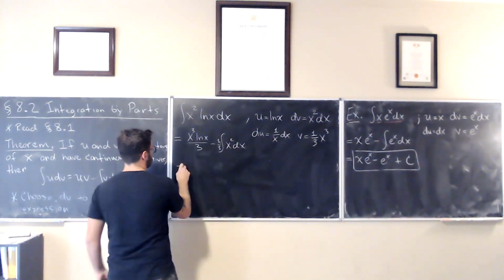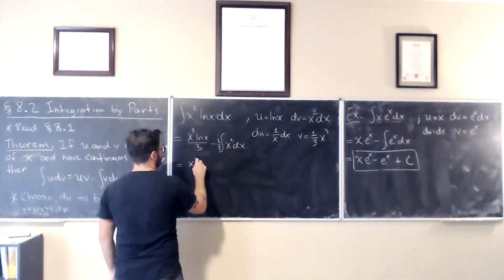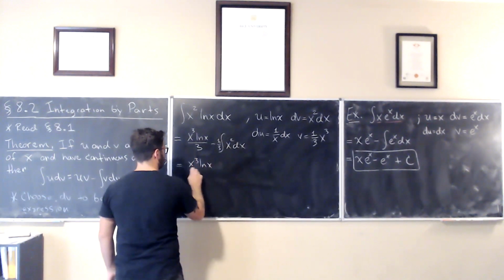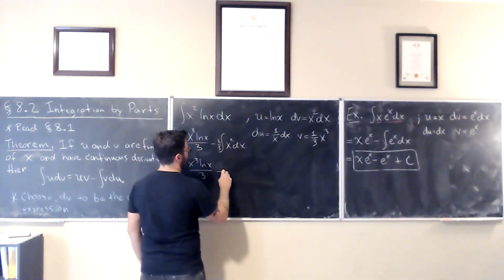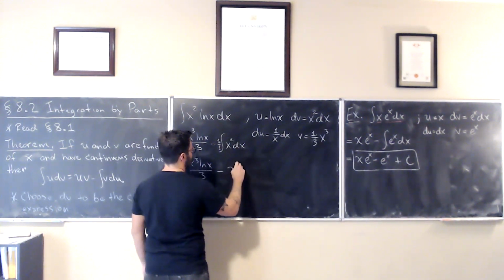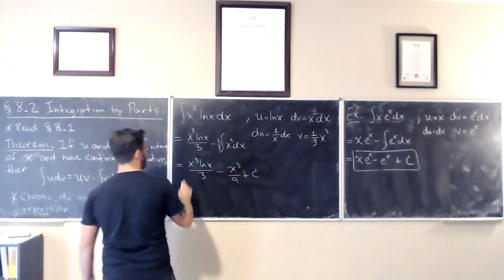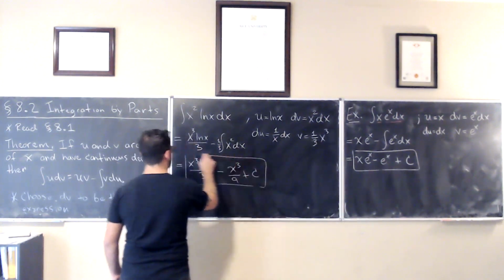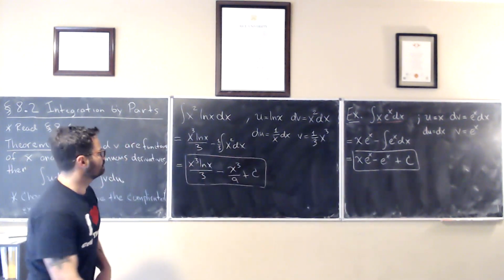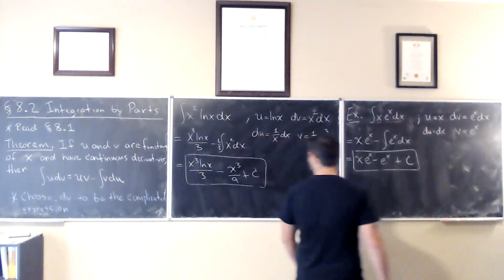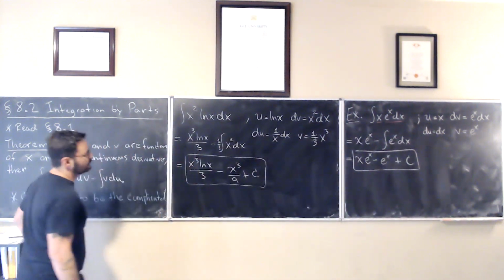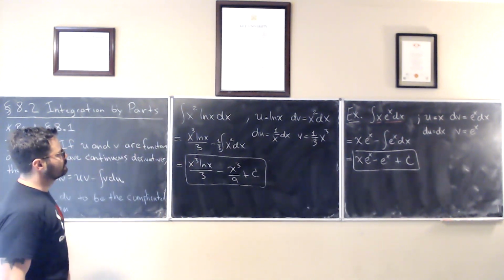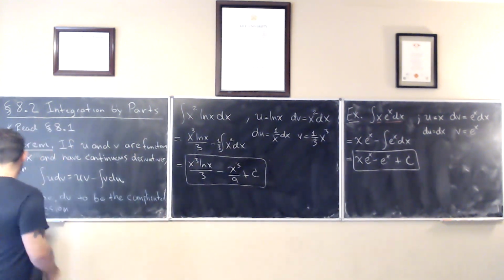So then altogether, we have our answer. Okay, so again, this would have been more or less impossible for us to deal with before, and now it's not so bad.